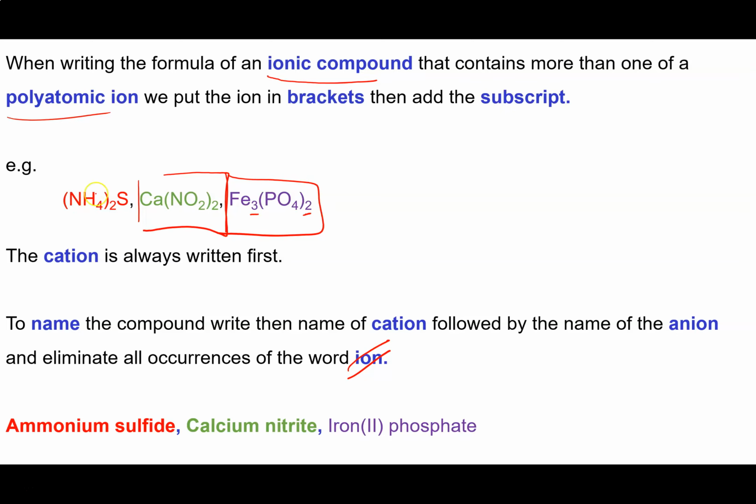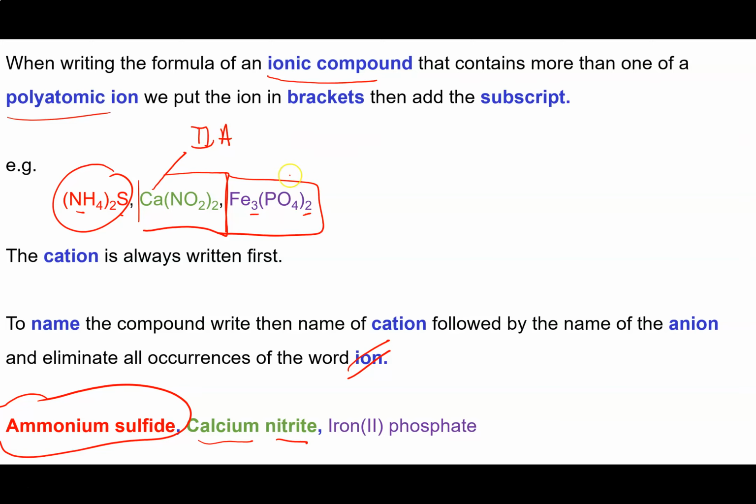So this is just named here as ammonium sulfide because we've just given the name of the cation followed by the name of the anion. This is given just as calcium nitrite because we just give the name of the cation followed by the name of the anion, and because calcium is in group 2A, we don't have to specify the charge in Roman numerals.